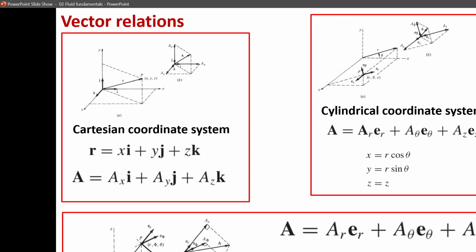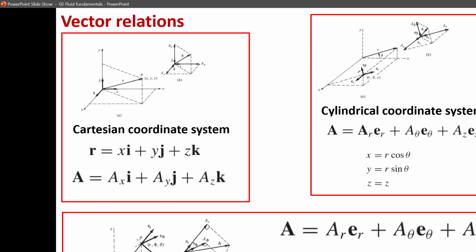We have three different coordinate systems that we are going to deal with. We have the Cartesian coordinate system, the cylindrical coordinate system, and the spherical coordinate system. In the Cartesian coordinate system, we have three axes, x, y, and z, and you can represent each vector with its components, the projections of that vector on each axis. In a cylindrical coordinate system, our axes are r, theta, and z.